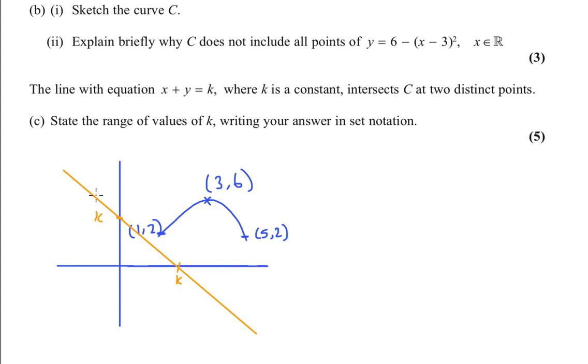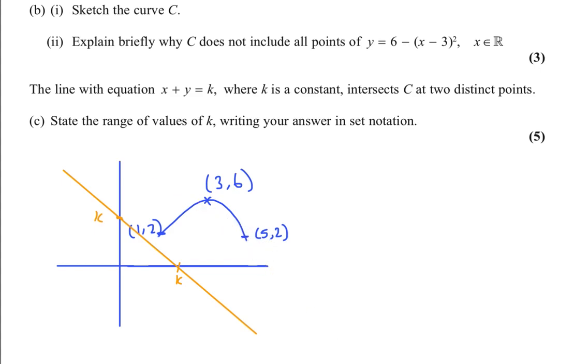Now that line needs to hit our curve in 2 places. So obviously at the moment the line isn't a valid value of k, because it's not hitting the curve at all. But we need to find this line so that we can hit the curve in 2 places like that one.